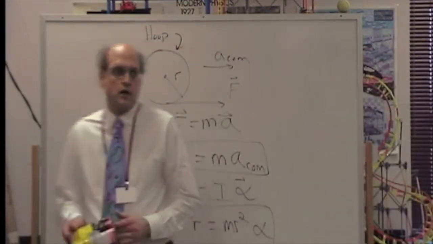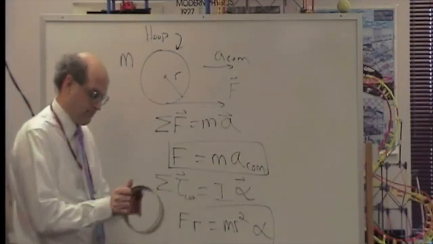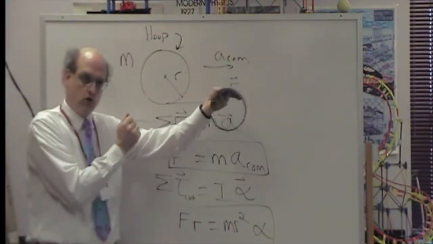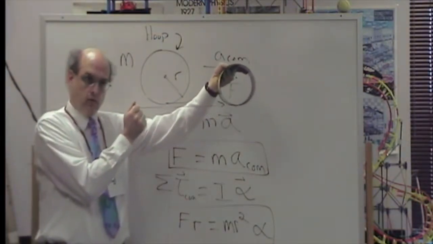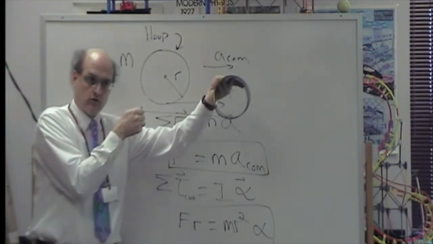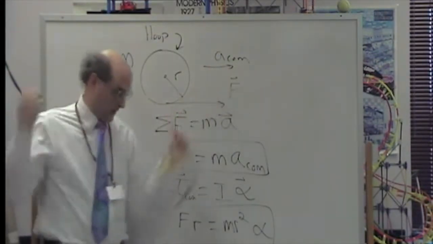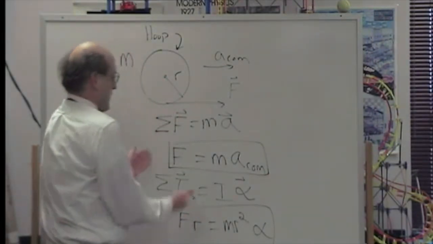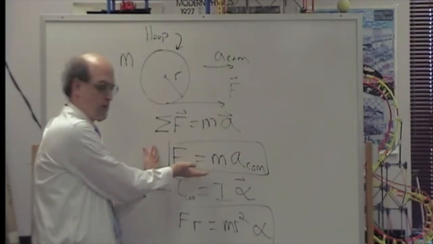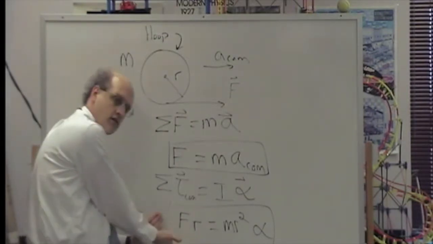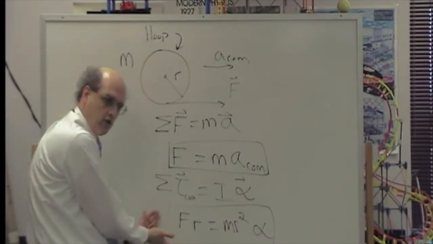Let's return to this problem where I exerted a force on a hoop while it was in a state of free fall or in a zero gravity environment. Okay, we wrote this expression using Newton's second law of translation and this expression using Newton's second law of rotation.